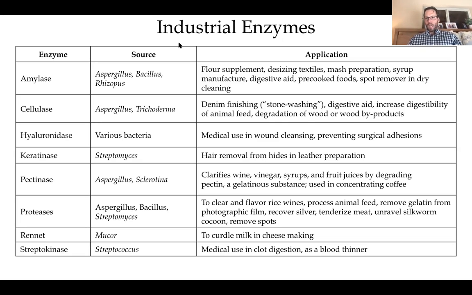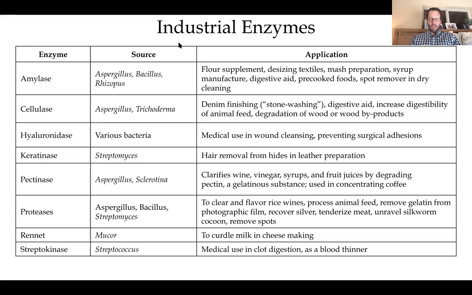And it's got all different types of applications outside of our own digestion. It can be used in a lot of different food preparations, and even in the textile industry. Cellulase. Cellulase is something that humans lack.